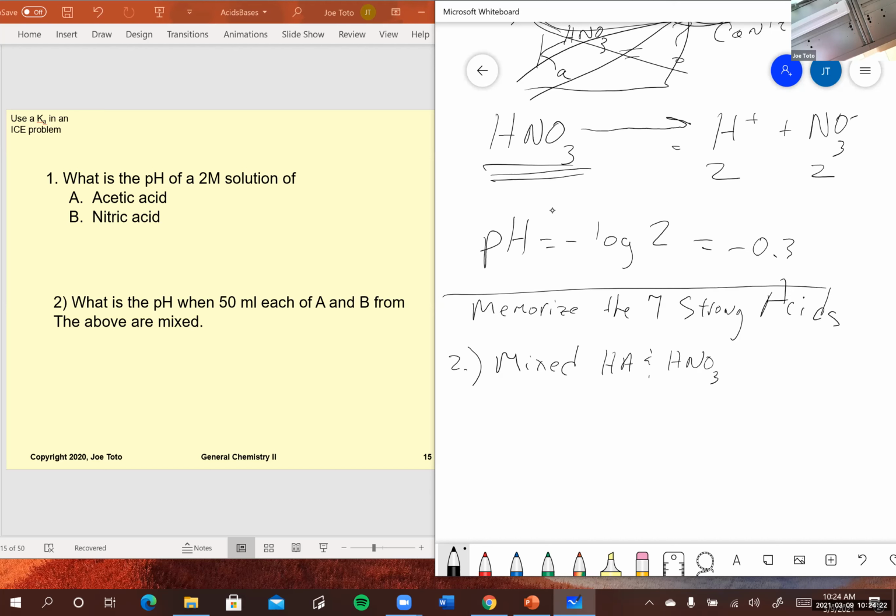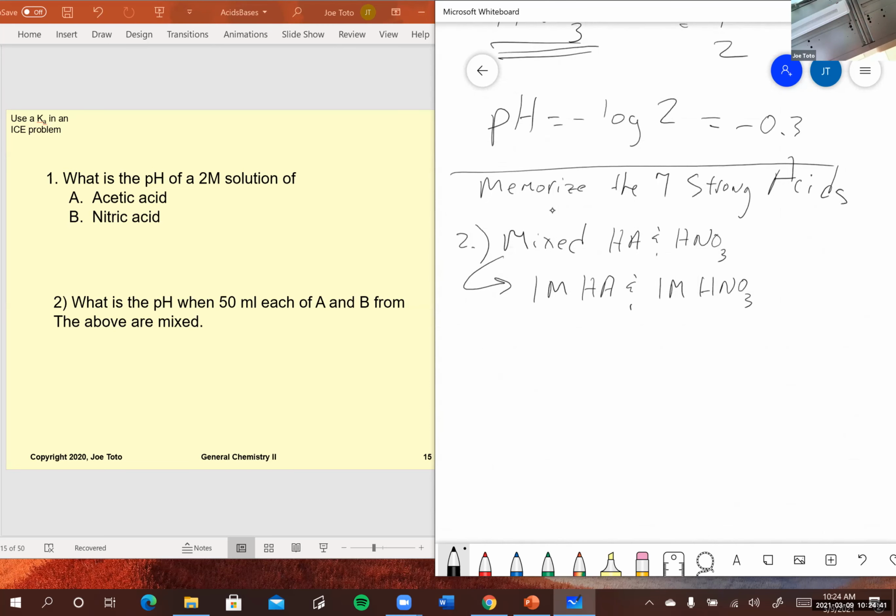So now once they're mixed, we have 1 molar HA and 1 molar HNO3. Awesome, very good. All right, now where do I go from here? I think you were implying that we should find out the H plus concentration from each and then add them together.